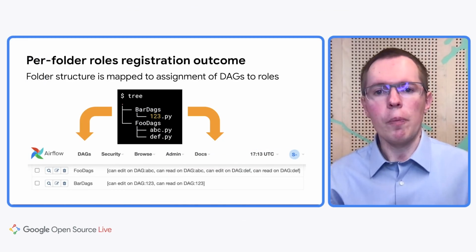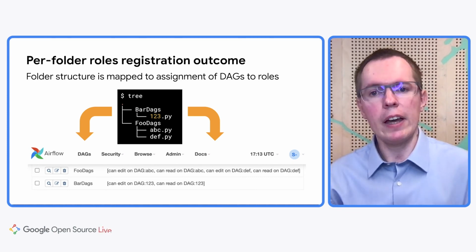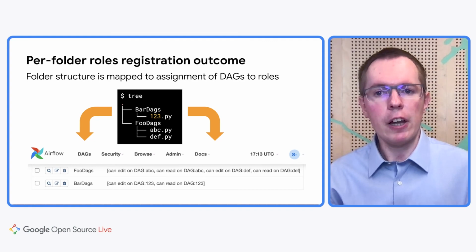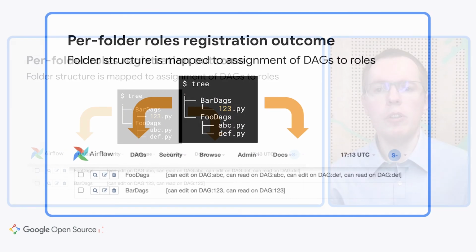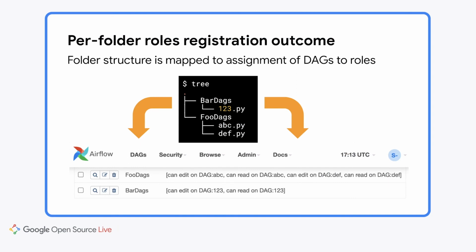And then you're good to go. The feature is enabled for you, and you just put your DAG files into subfolders, and the structure is automatically mapped to roles with per DAG permissions assigned to those roles.